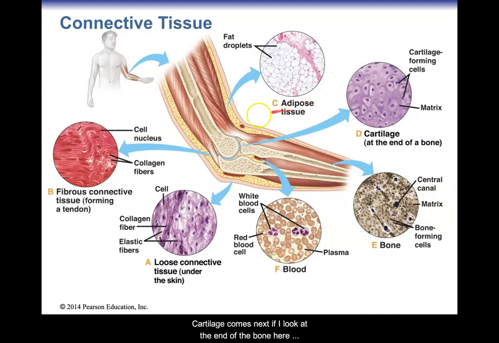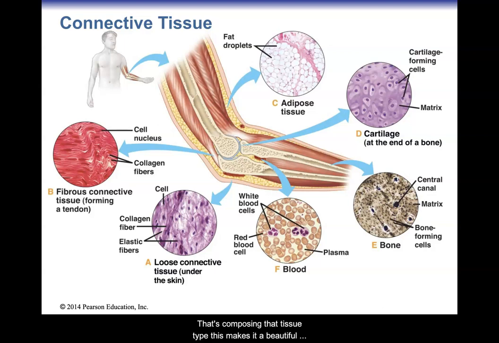Cartilage comes next. If I look at the end of the bone here, I'm at the end of the humerus, I actually have cartilage connective tissue. Cartilage connective tissue will be highlighted a bit more in the skeletal system chapter. In cartilage connective tissue, I have a bunch of collagen fibers that run all around that tissue type. But it's different from fibrous connective tissue in that it has a lot of water composing that tissue type.